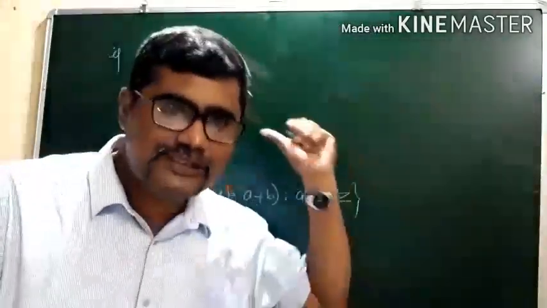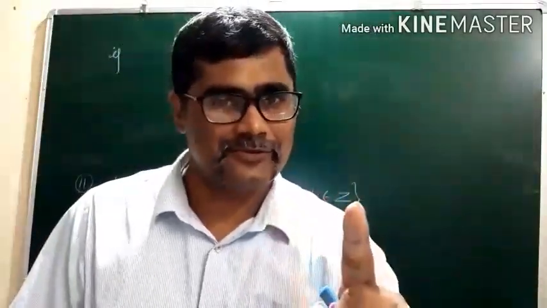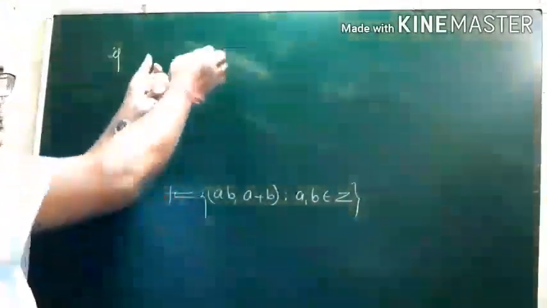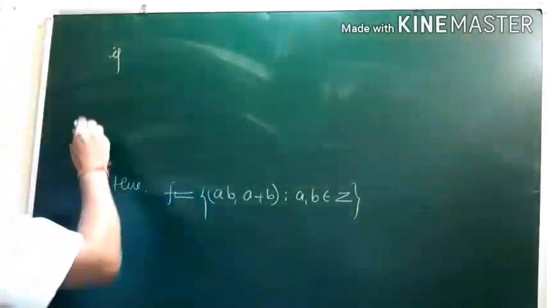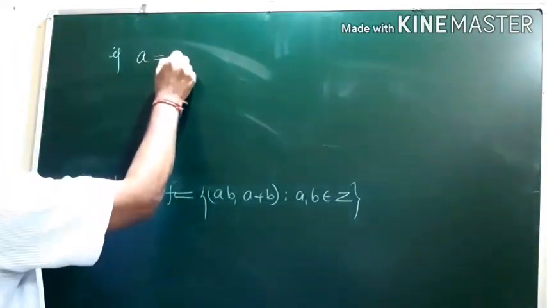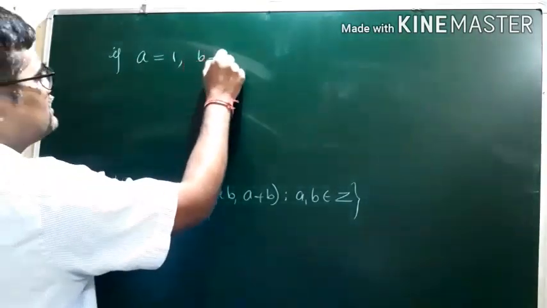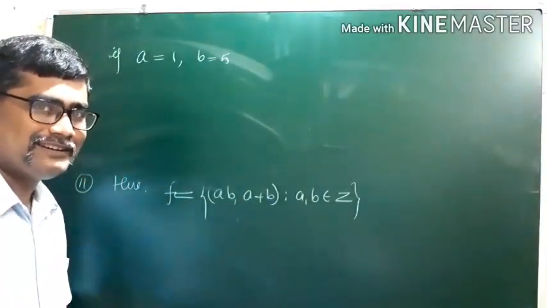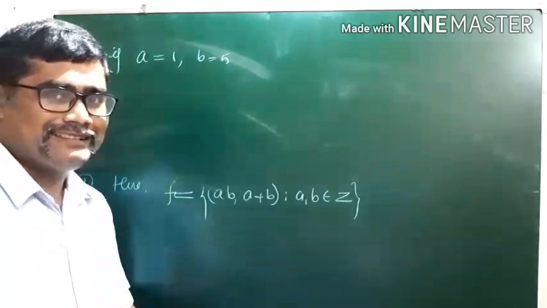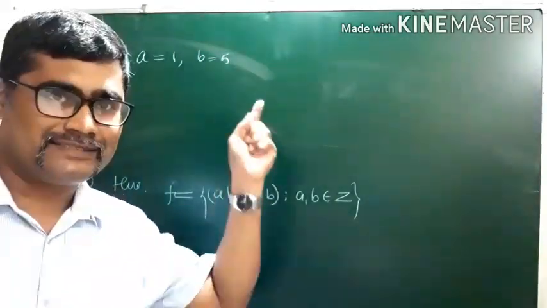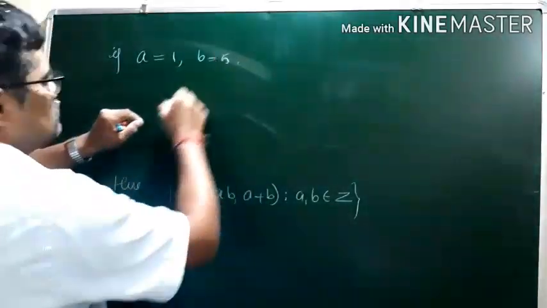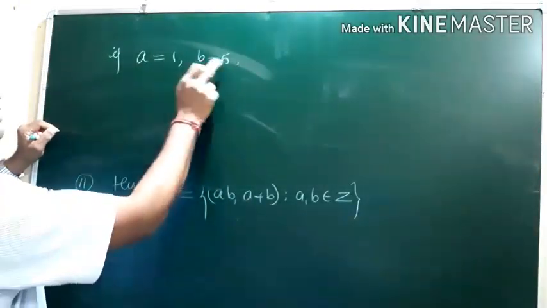I have to prove here that it is wrong, so I'll just have to look for one loophole. Here is the loophole. Say whatever number I told, let me take those only. Otherwise, you might think, sir said 5 but wrote 6. So a equal to 1, b equal to 5.